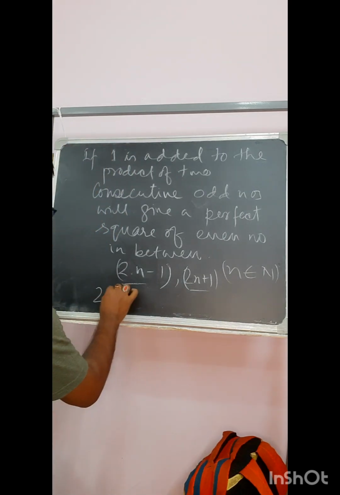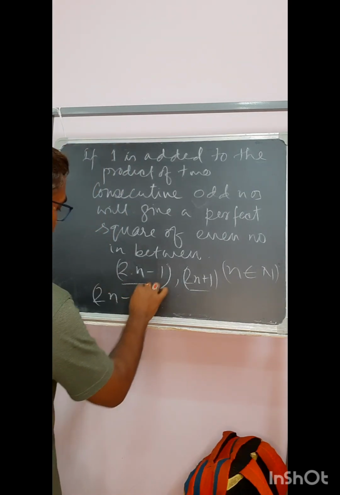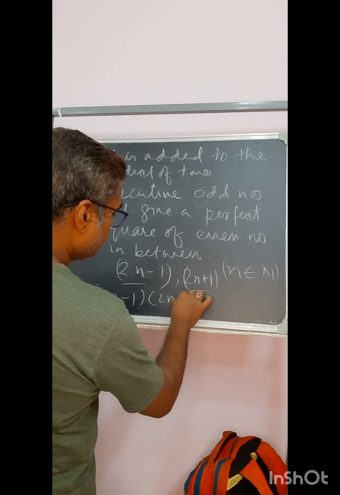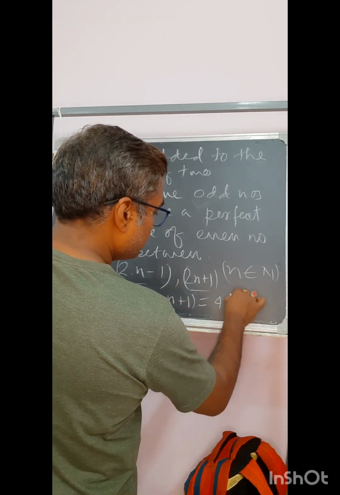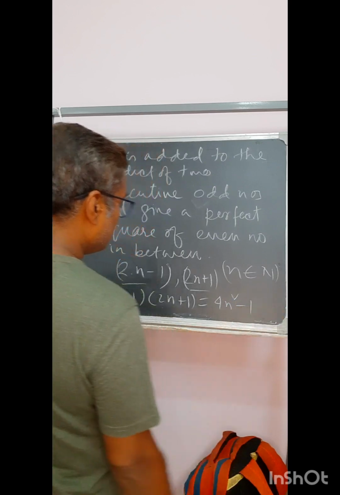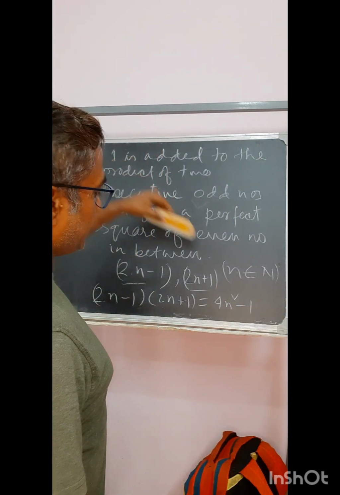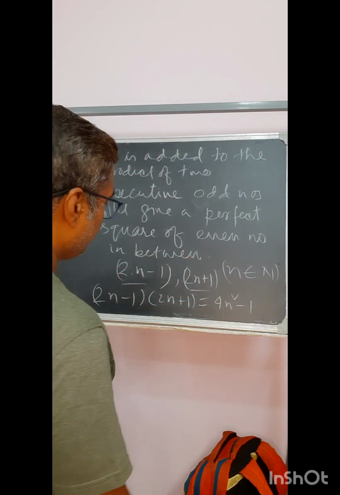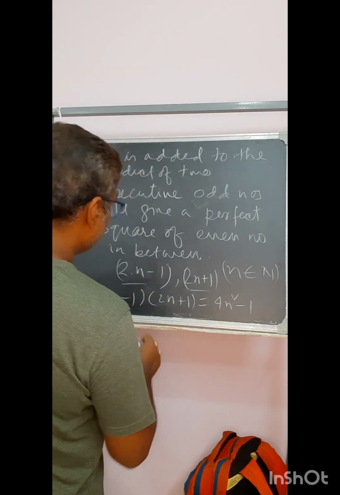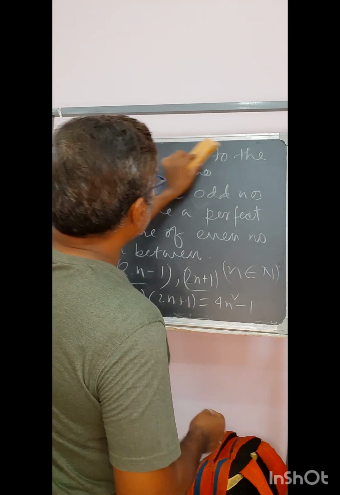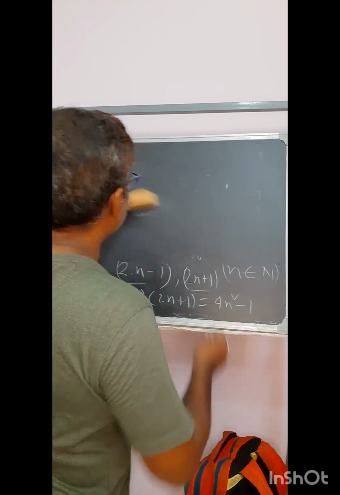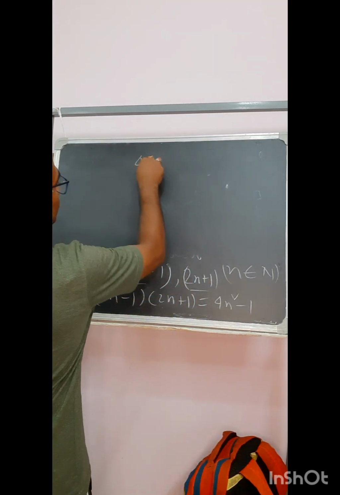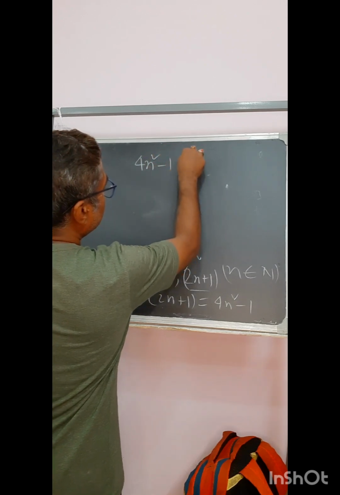Now I have to multiply 2n minus 1 and 2n plus 1. So this will give you 4n square minus 1. Now the condition is that I have to add 1 to this. So if I add 1, I will get 4n square minus 1 plus 1.